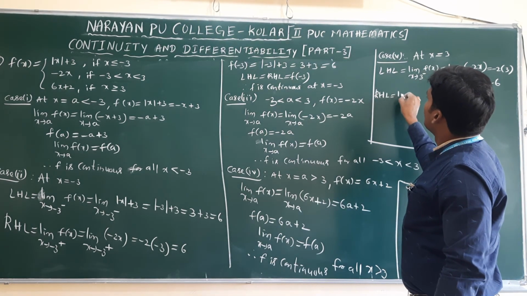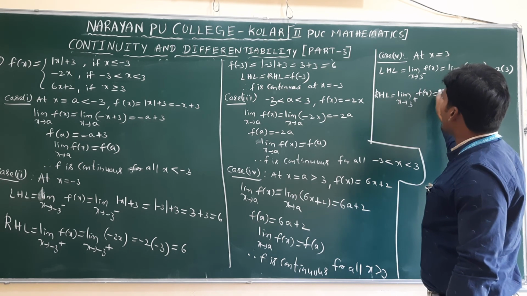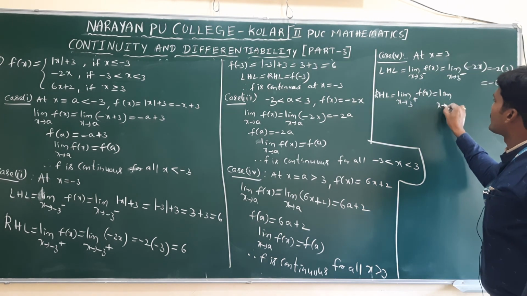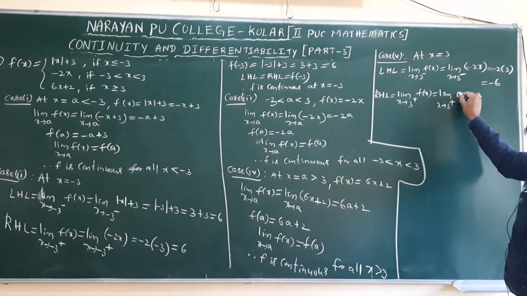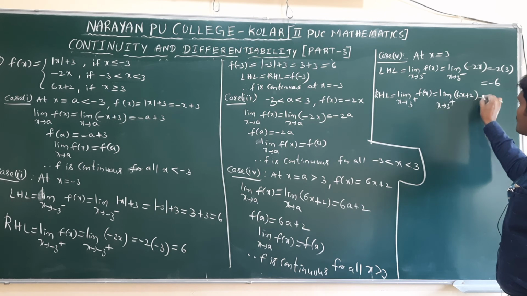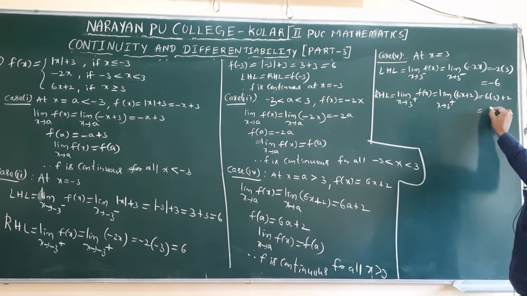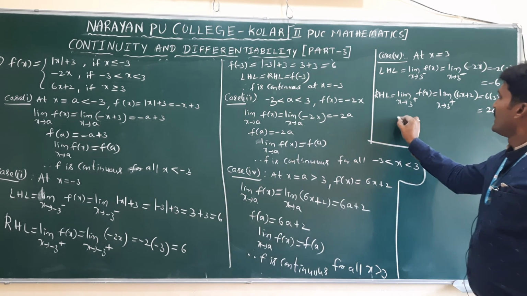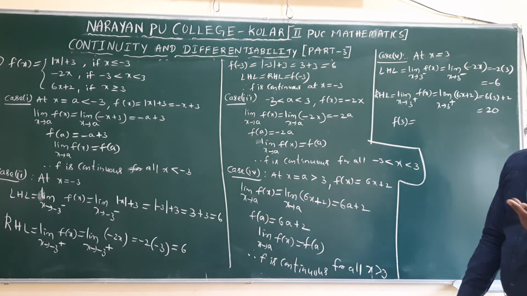RHL value, limit x tends to 3 plus f of x. 3 plus means x is greater than 3. At greater than 3, what is the function? 6x plus 2. 6 into 3 plus 2, 6 3s are 18, 18 plus 2 is 20. Next, f of 3 value. At x equal to 3, what is the function again? 6x plus 2.